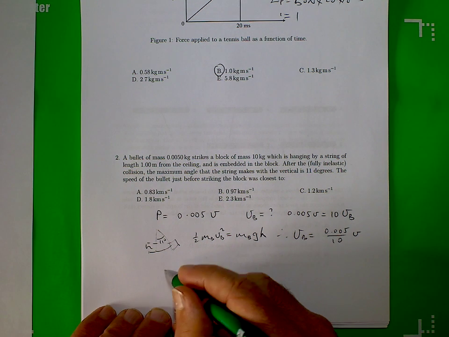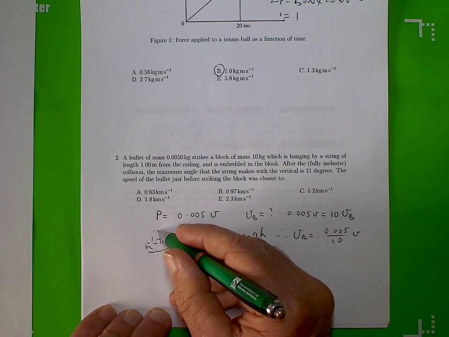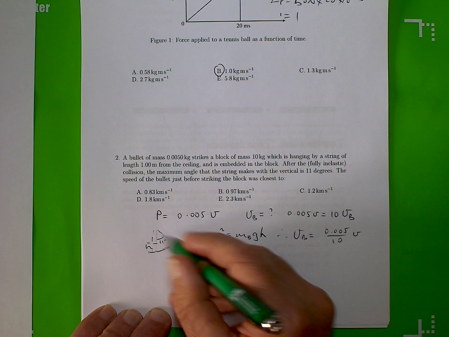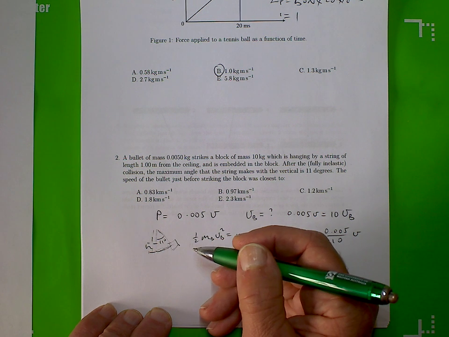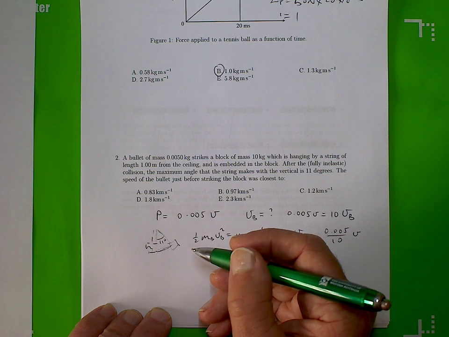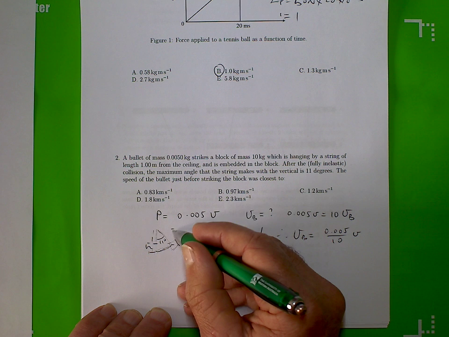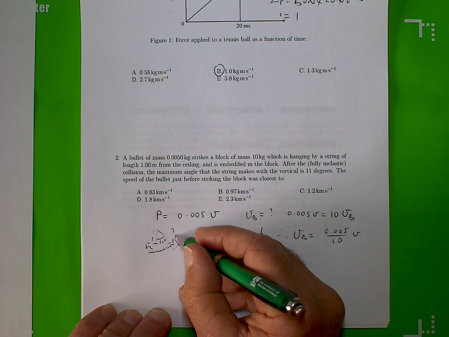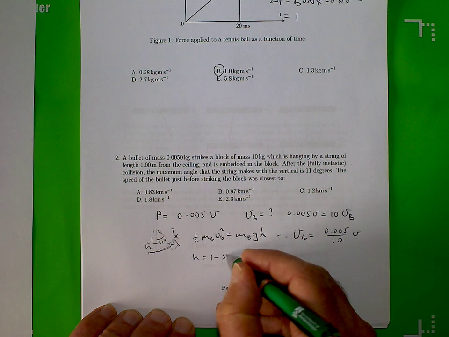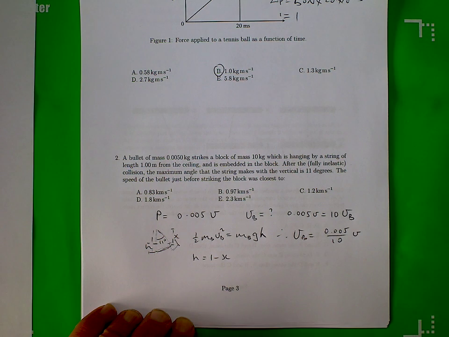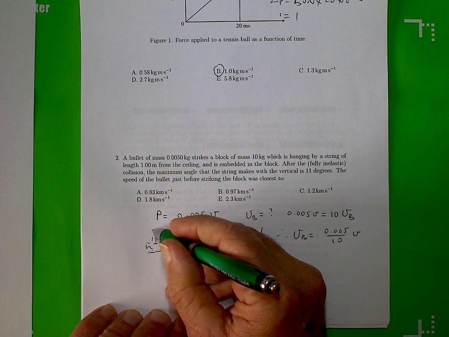So what is the height? Well, this length is 1, and you draw a triangle in there, 11 degrees. We're interested in this height here, h equals 1 minus x, where x is that little length there.